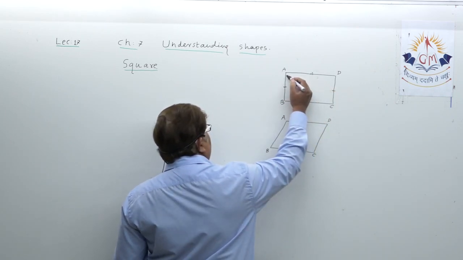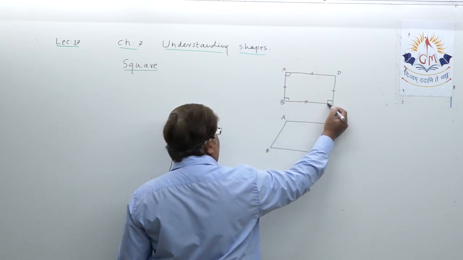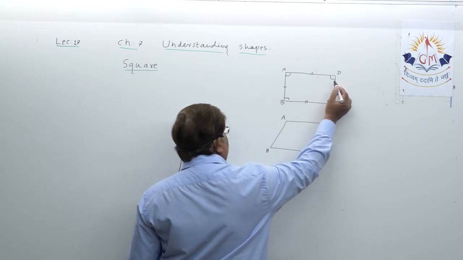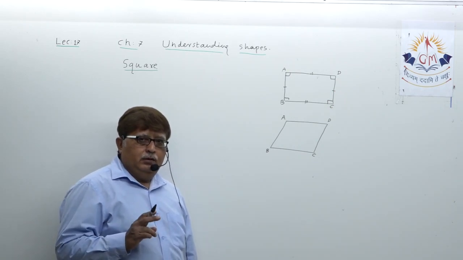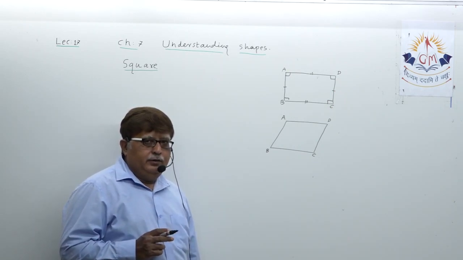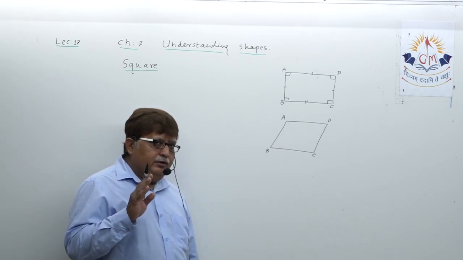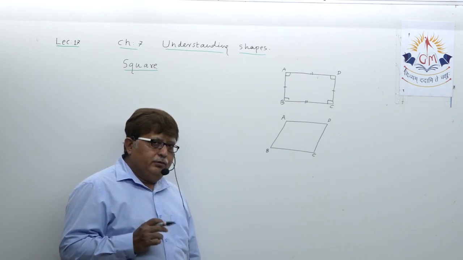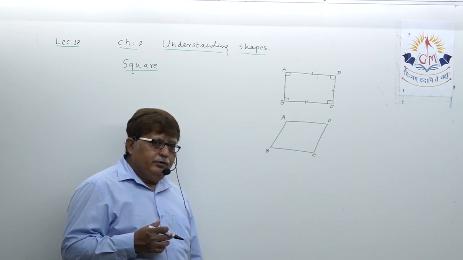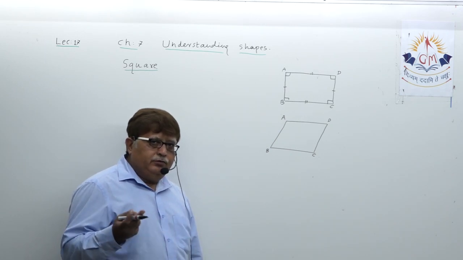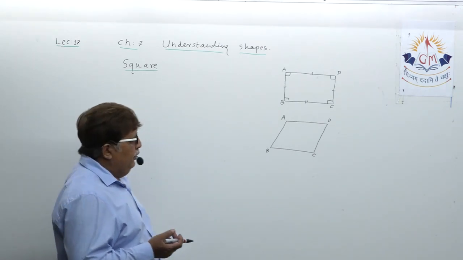Understand? All angles are 90 degree, that you all know, which is property of square also. But in square, all sides are equal also. Just try to understand, because this theoretical concept is going to be useful to you in solving any FB, MCQ, objective, whatever it is. Understand?